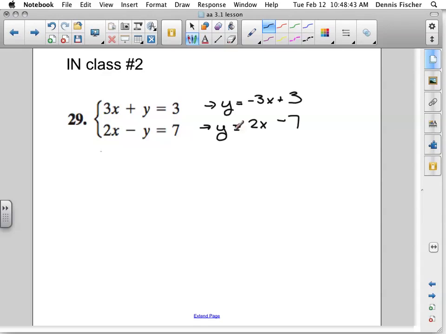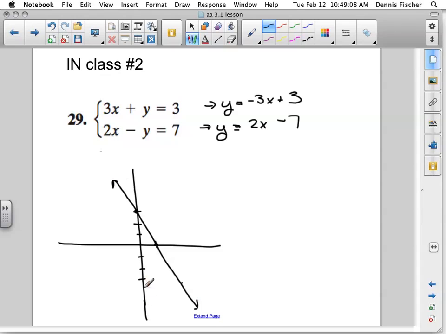Let's graph it. First one starts where? 3. And the slope is? Negative 3. Negative 3 over 1, down 3 over 1. Okay, my graph would look something like that, and I don't have a very good graph here. Second equation starts where? Negative 7.